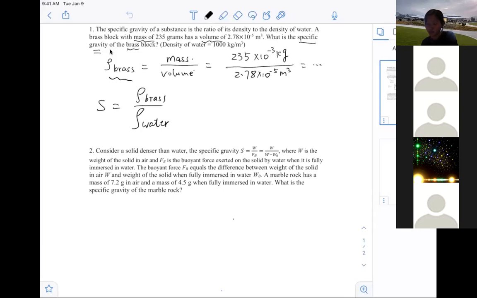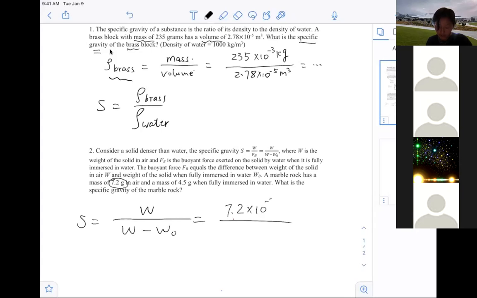So to use this equation, you would do this. You would say weight in air minus weight in water. So the weight in air is the mass times little g, mass times 9.8 meters per second squared. So you've got to change it to kilograms first and then multiply by the gravitational acceleration. So this will give you the unit of newtons, right? That's the SI unit.